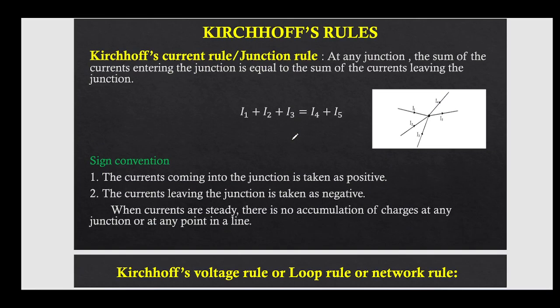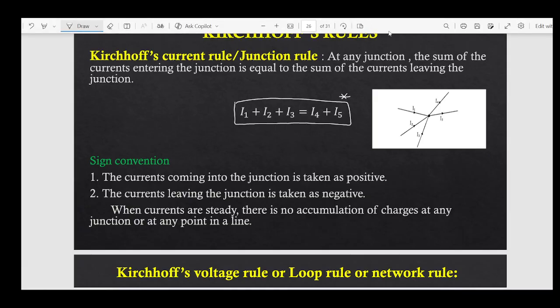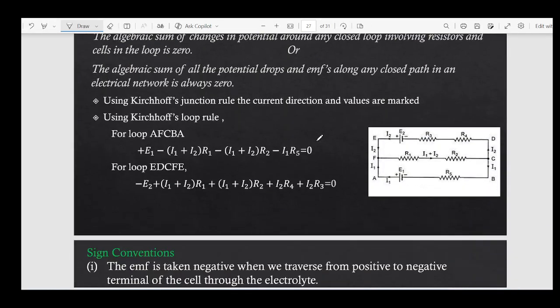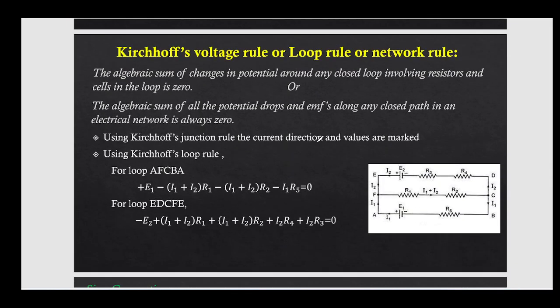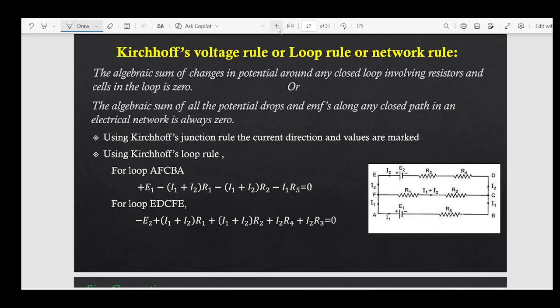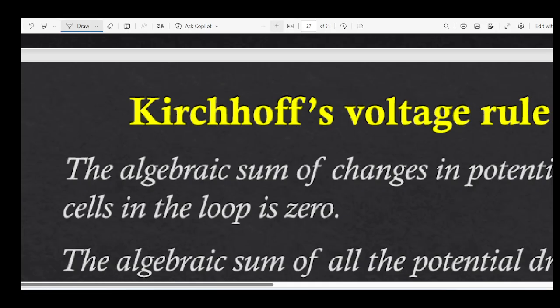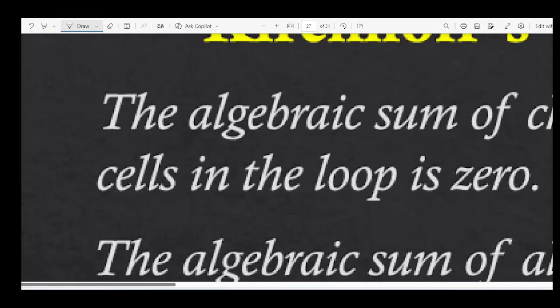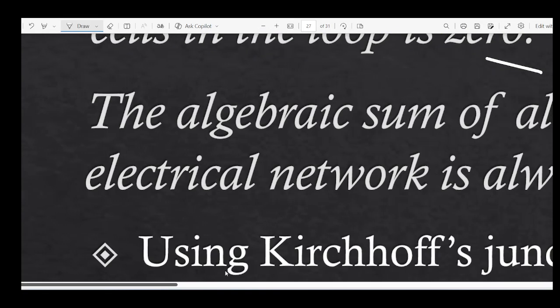Then we have Kirchhoff's laws. The net current at the junction will be 0. That is, the amount of current entering the junction is equal to the amount of current leaving the junction. That is important. And for Kirchhoff's voltage law, you have to consider the traversal.